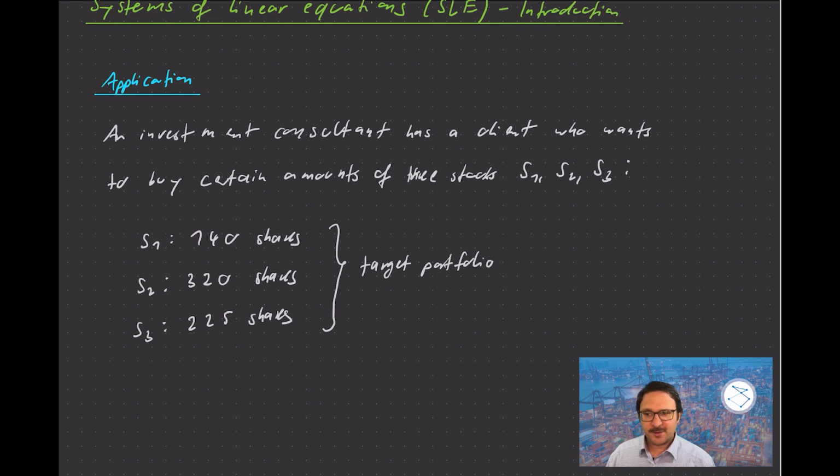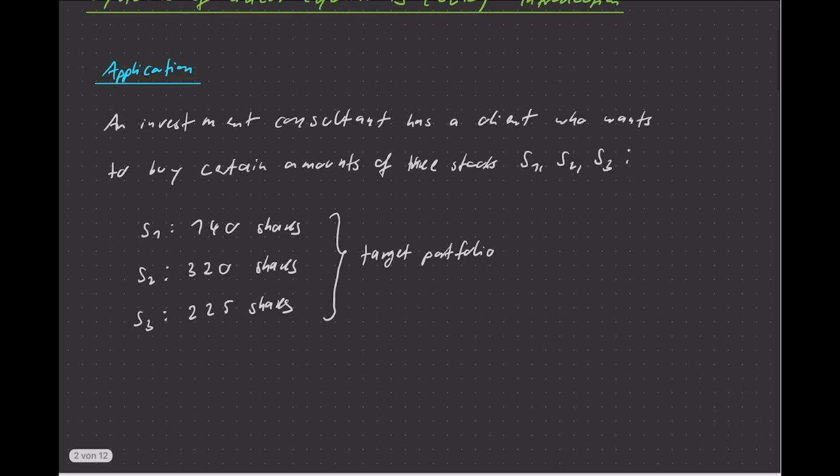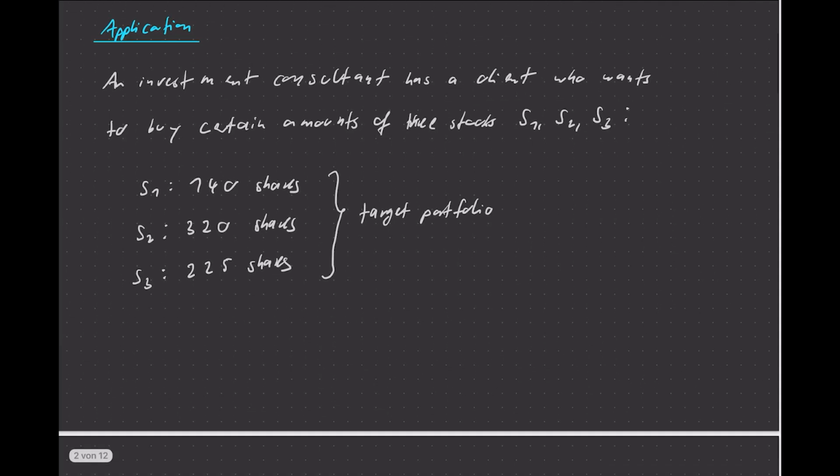So the idea that you come up with is, why not buy shares of these equity funds instead? And buy them in a way such that the actual shares that you get mimic that target portfolio you want to have. We'll discuss how this can be done.